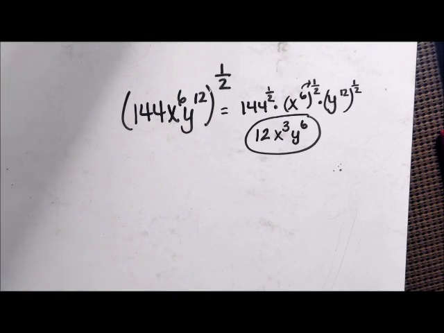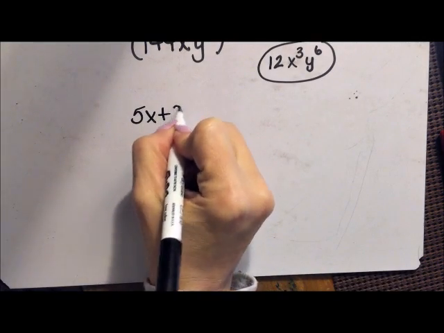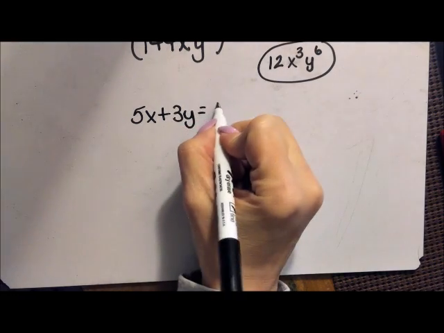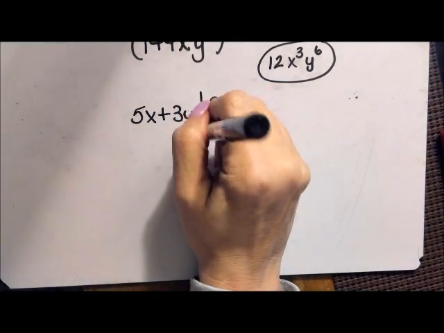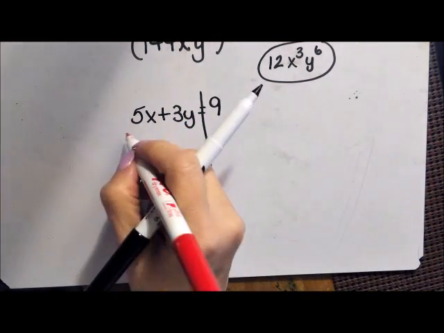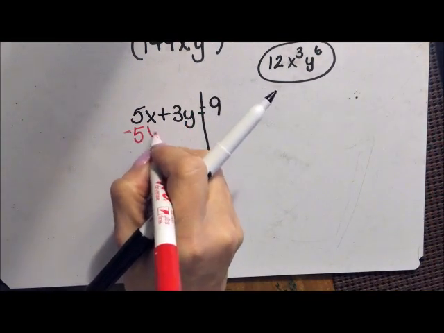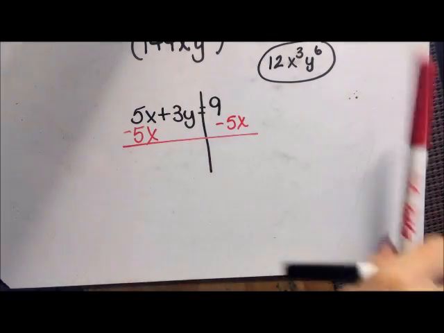Let's see, literal equations. So literal equations are when you have something like this: 5x plus 3y equals 9. A literal equation is when you solve an equation, but you're not really getting an answer. It's just a literal. It's going to have letters. When you're solving for y, you move the x, and you divide the y.